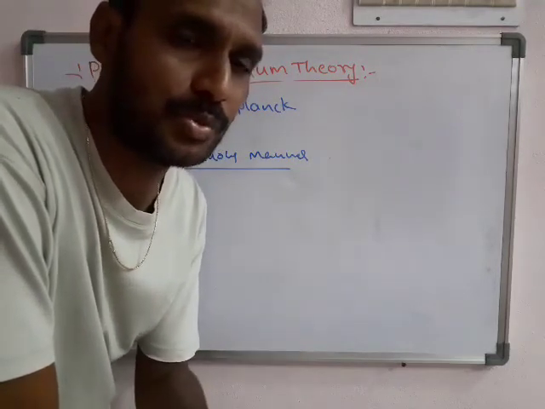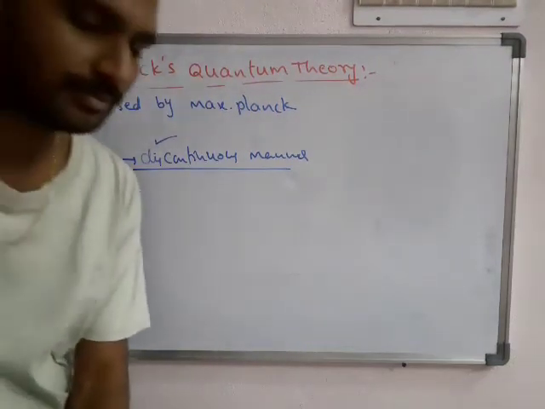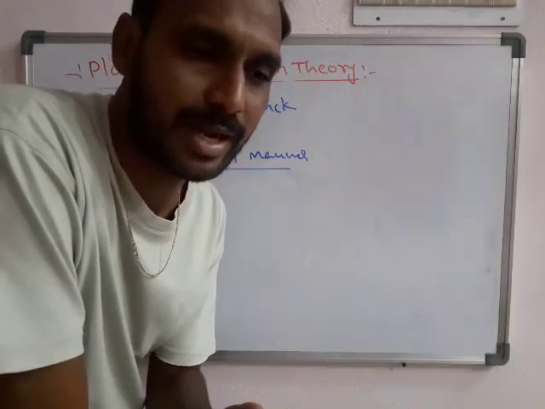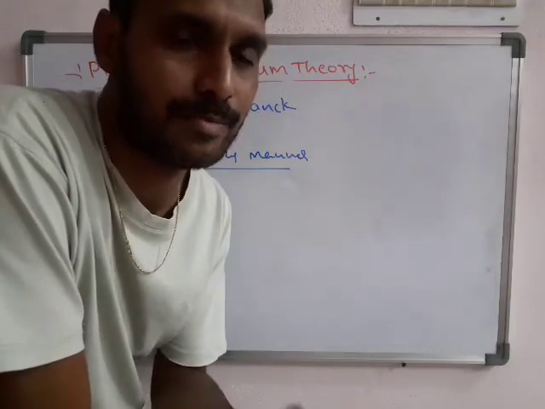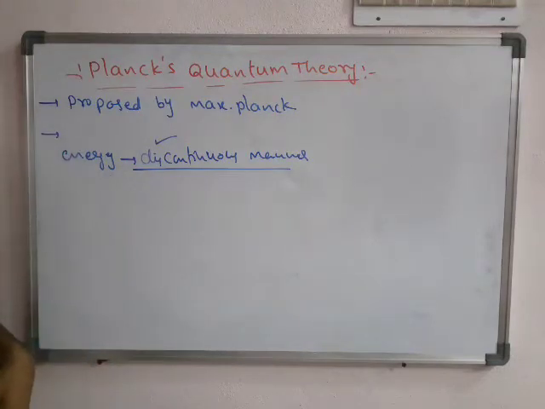And he also gave a particular point. What is a discontinuous manner? Energy is released or absorbed in the form of small packets. It takes place in the form of small packets, known as energy packets, also called quantums.